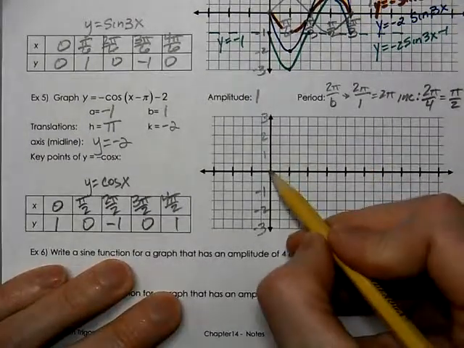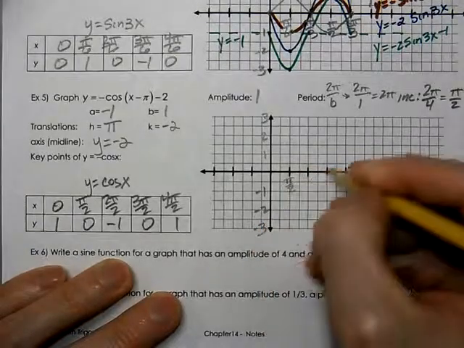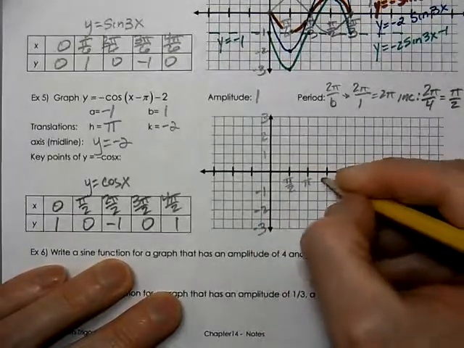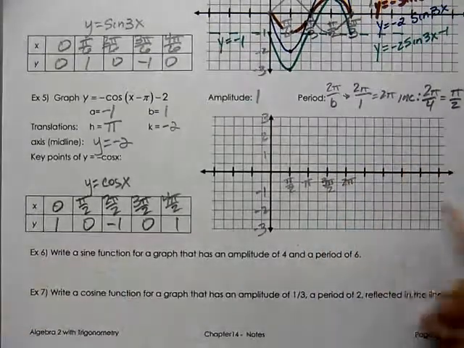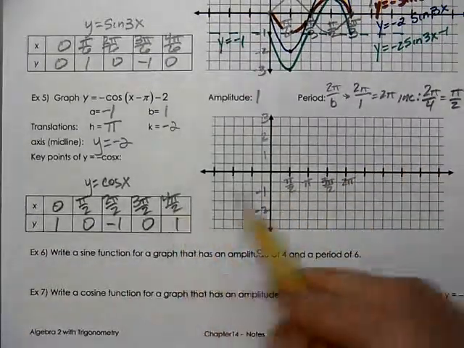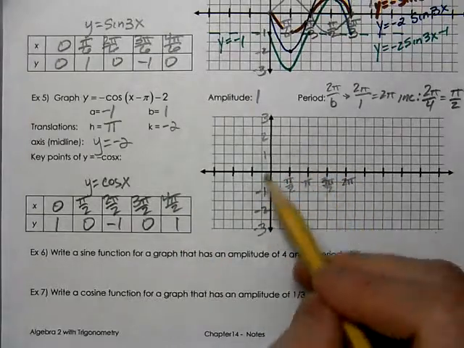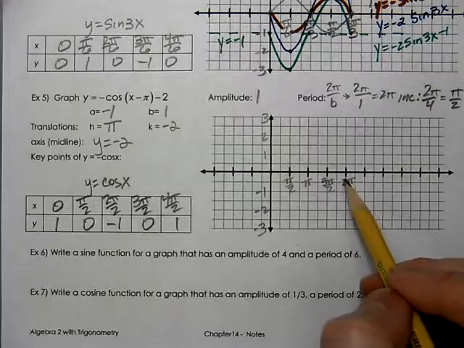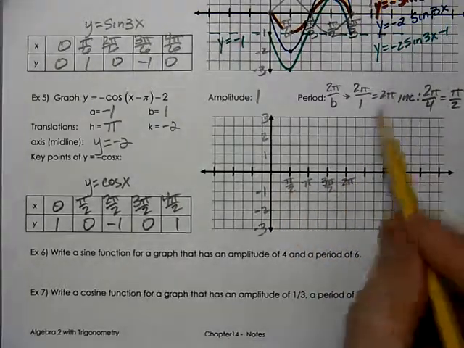So we're doing cosine with pi over 2, pi, 3 pi over 2, and 2 pi. Remember, this last box, at the end of the cycle, the end of the period, is supposed to be that 2 pi value.